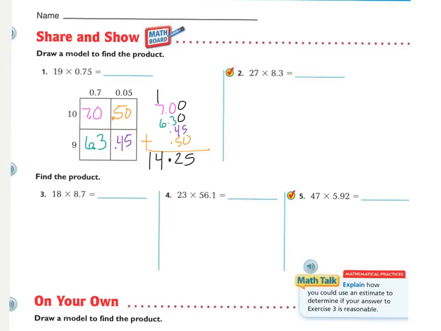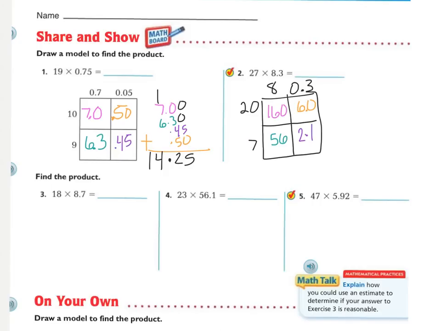Number 2, your square to start out with should look something like this, with 20 and 7 and then 8 and 3/10. It's okay if 8 and 3/10 is on this side and 20 and 7 is on top, as long as you have them split up like that. Those are the areas, and then you should have stacked them, lining up your decimals, and added them together. And your final answer should have been 224 and 1/10.